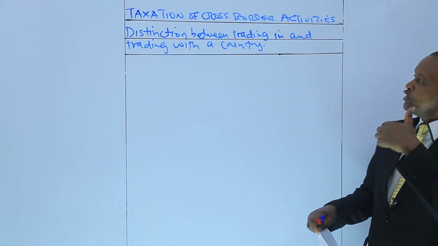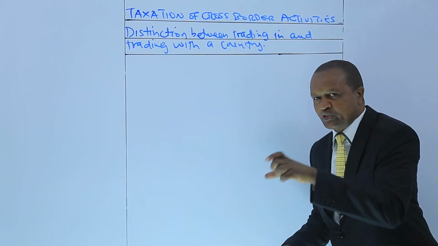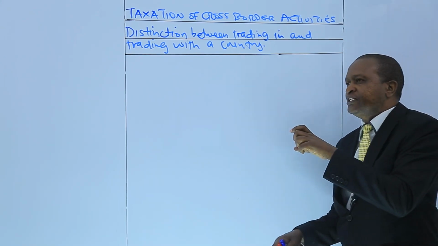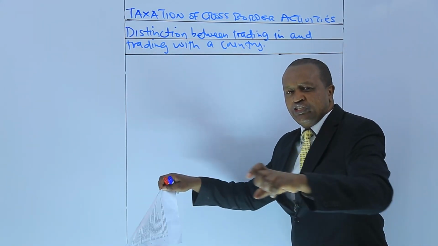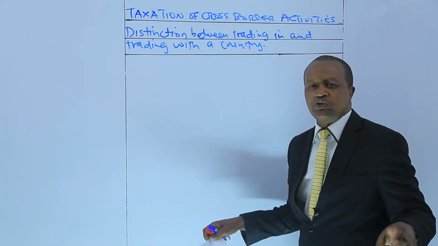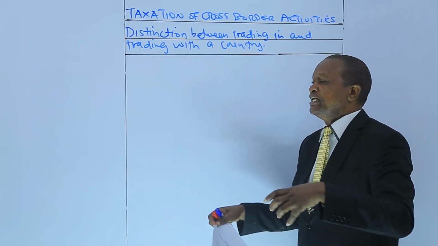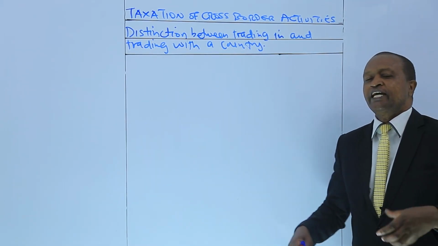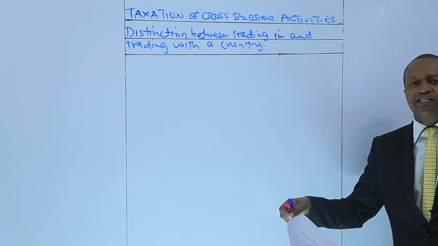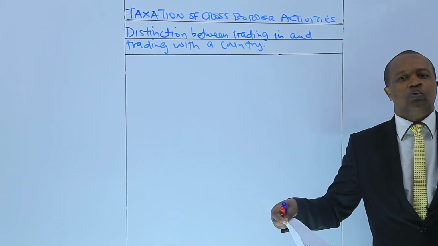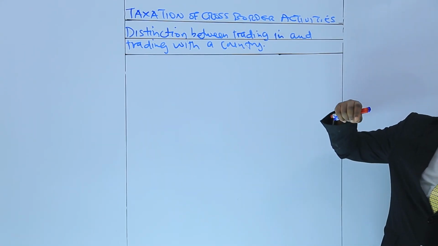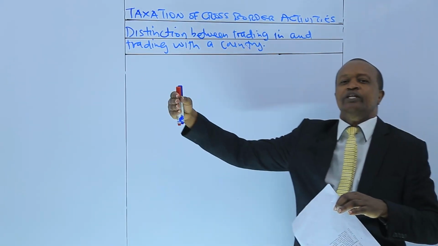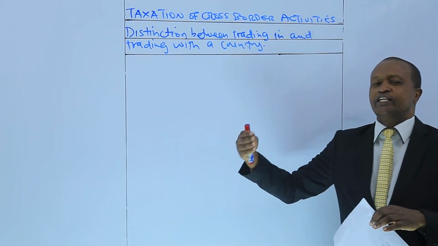How about trading with a country? Trading with a country denotes the exchange of goods, services, or commodities between entities located in different countries. That involves what we call international trade, where businesses from one country engage in commercial transactions with businesses in another country.